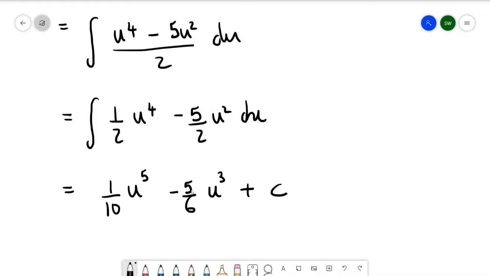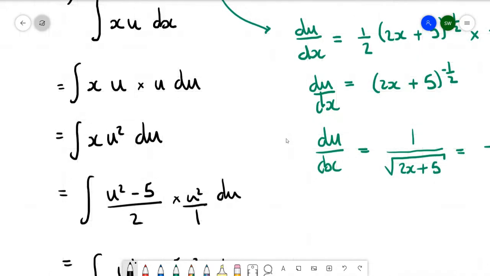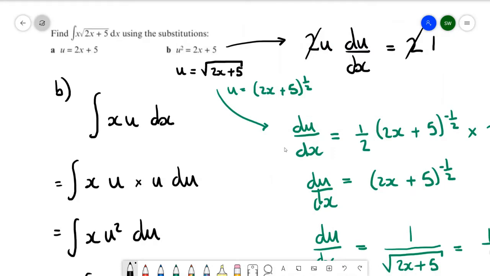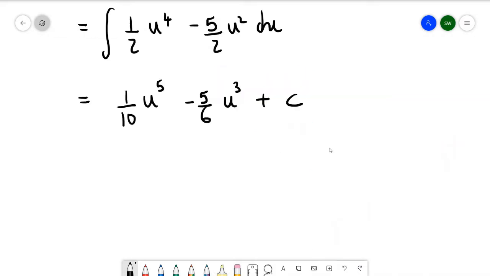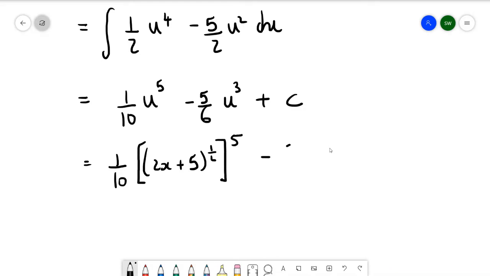And then finally, we need to get this back in terms of x, and actually I think the easiest way of doing this would be to use this equation here. We know that u is equal to 2x plus 5 to the power of a half. So we can write this as a tenth, 2x plus 5 to the power of a half, and we're doing all of that because that's u to the power of 5, and then minus 5 over 6, 2x plus 5 to the power of a half, that's u, and we're doing u to the power of 3.